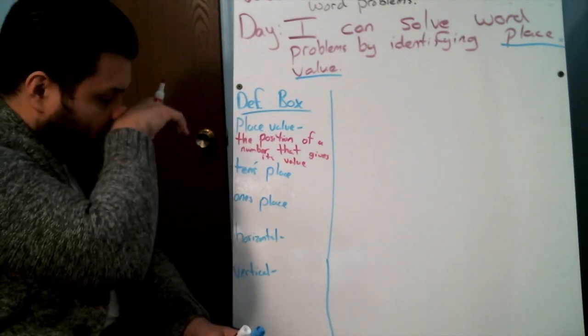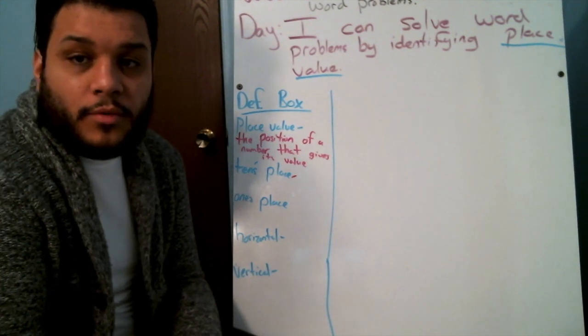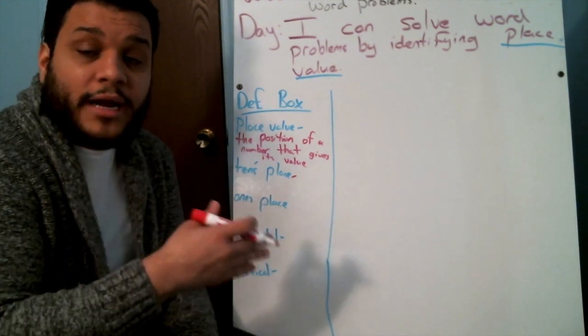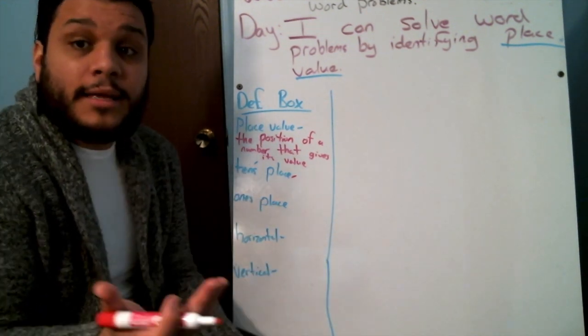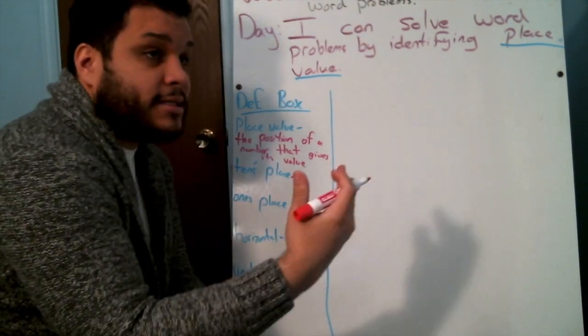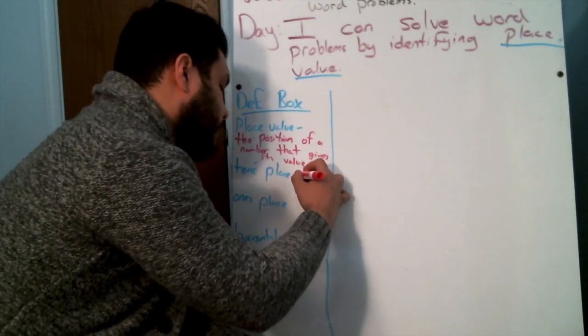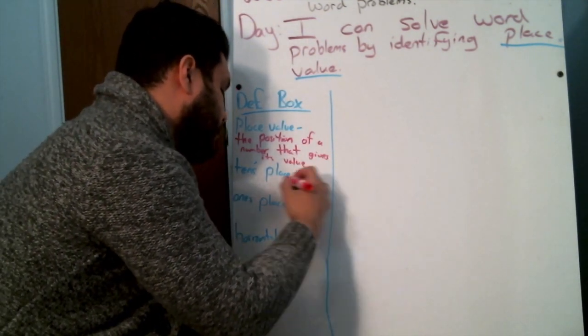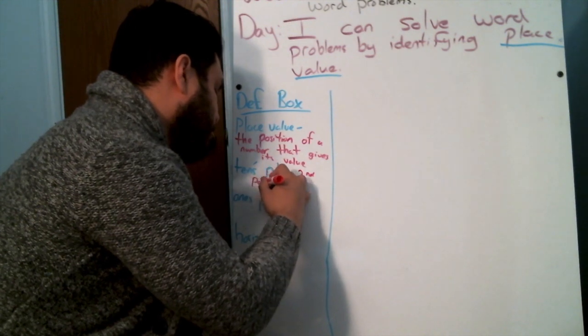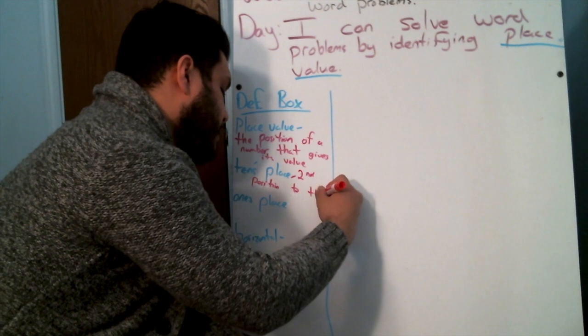So, when I'm talking about tens place, what am I speaking about? Well, the position where I will find my what? Yes, my tens. So it's usually the second position to the left.